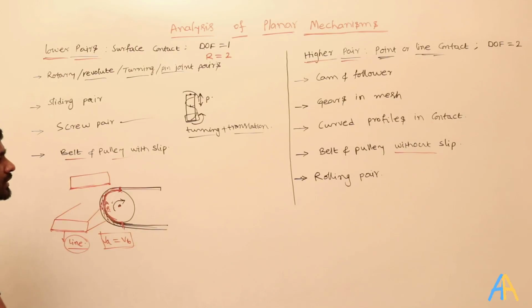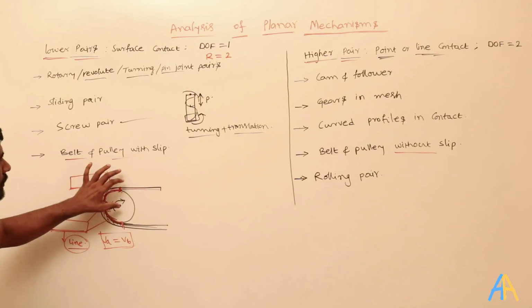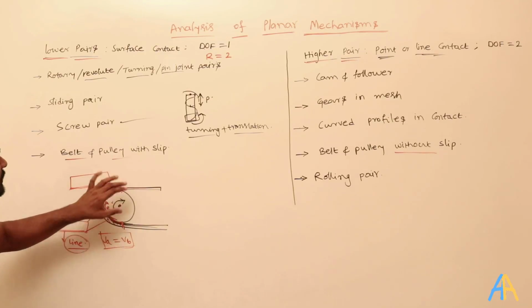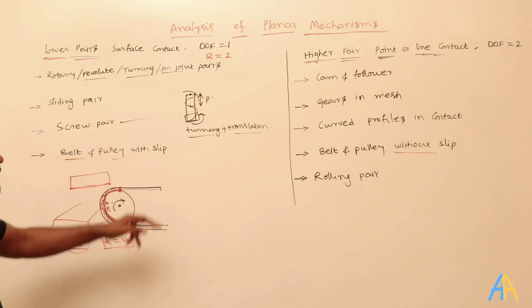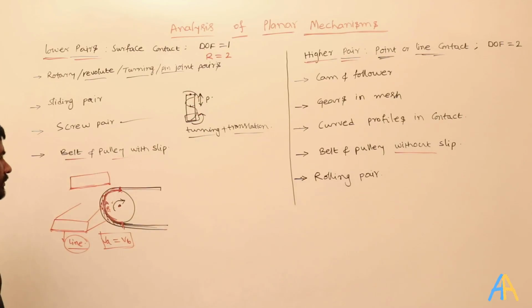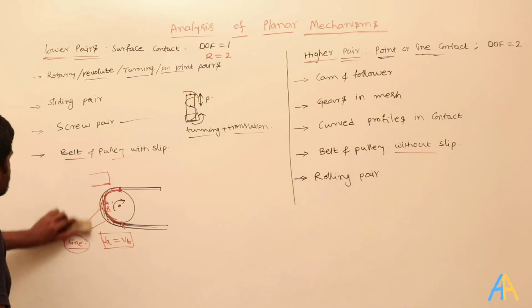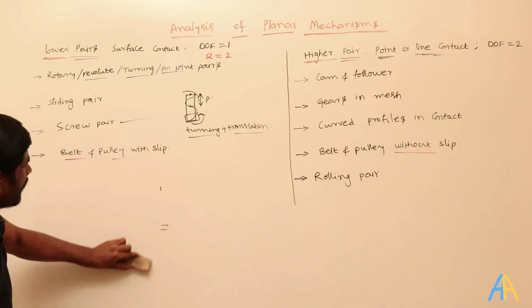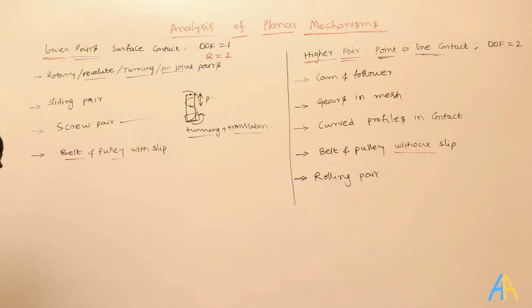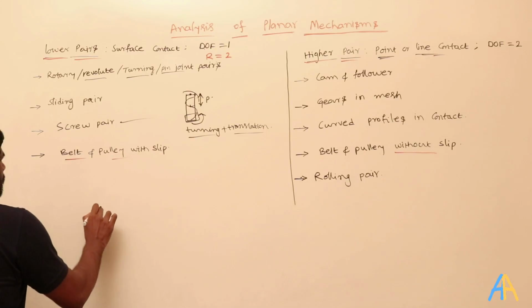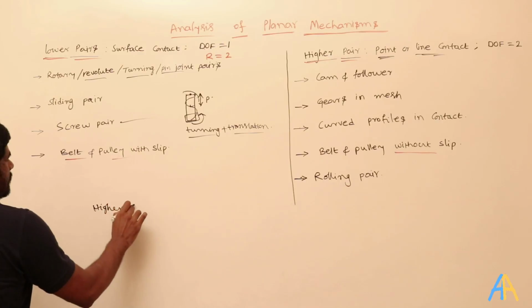Whenever the belt and pulley do not have any slip, or are without slip, then it is considered under the higher pair. Sometimes in the examination, the options will be given like this. Which of the following is the higher pair?